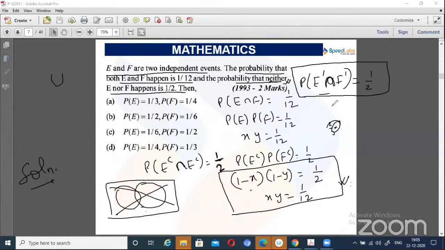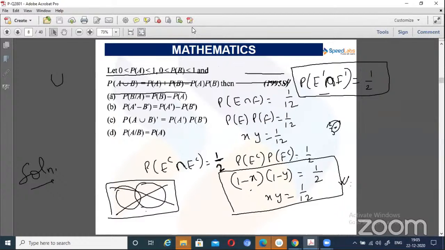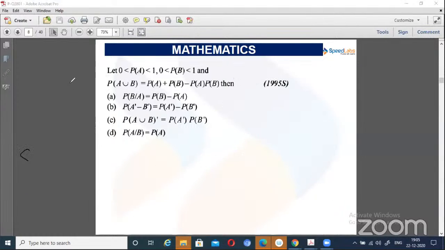The answer is A and D. Yes, Parth, correct. To the next one. PA is between 0 to 1, PB is between 0 to 1, and P of A union B is PA plus PB minus PA into PB.